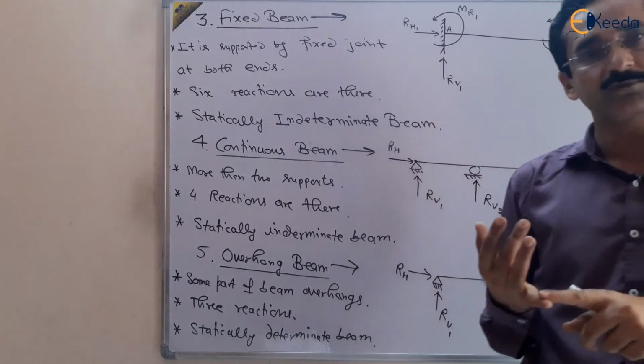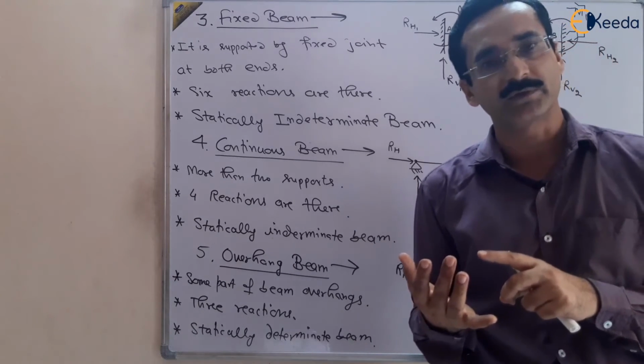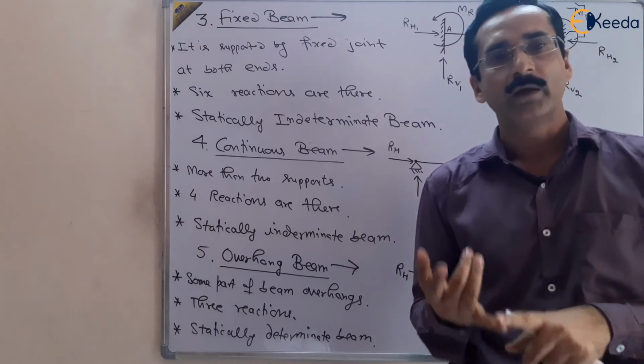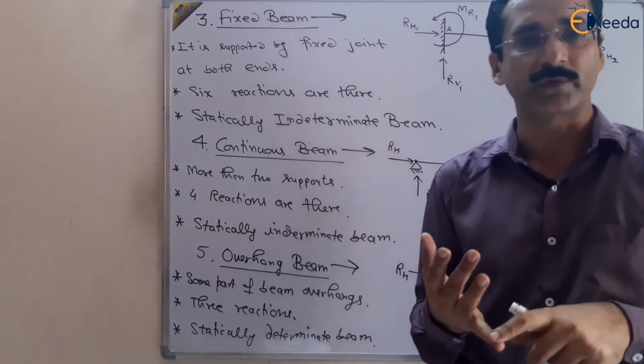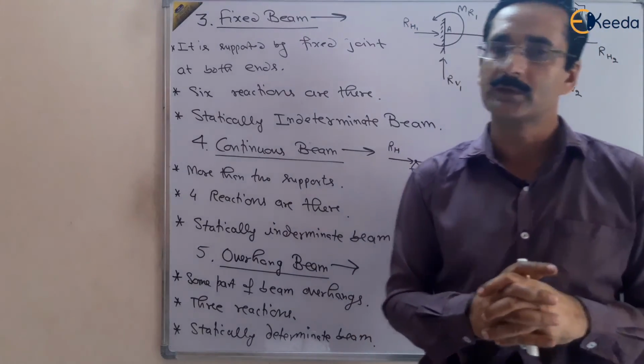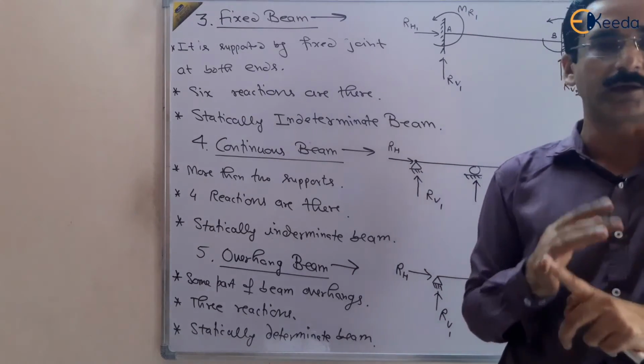So we have three equations, and if the reactions are 3 or less than 3, then that beam is called a statically determinate beam. Otherwise, if the reactions or unknowns are more than 3, then we call it a statically indeterminate beam, right? So two types of beams are there, statically determinate and statically indeterminate.